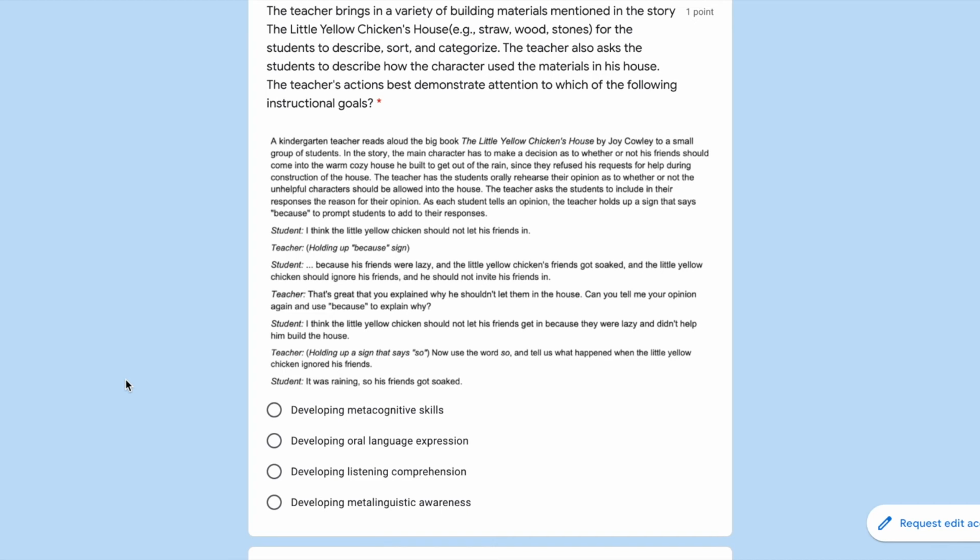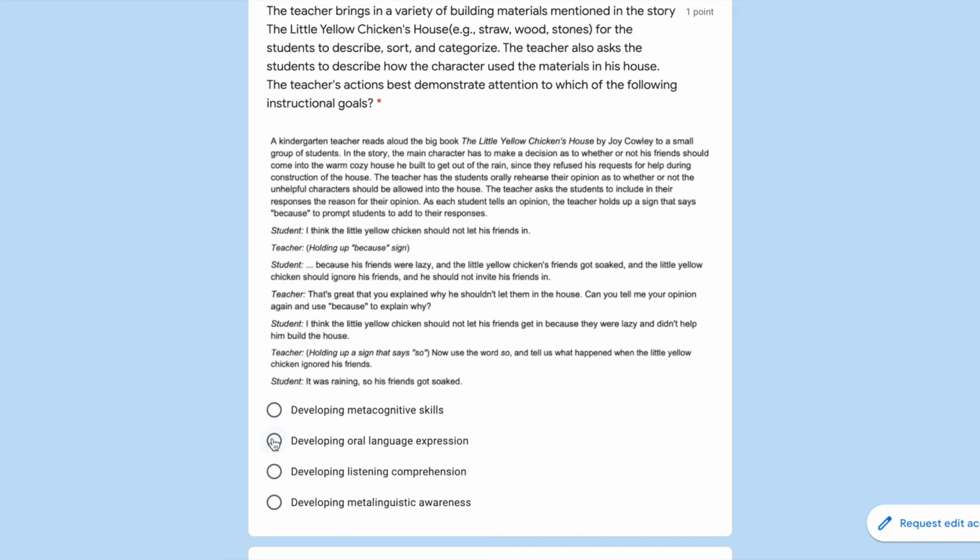The teacher's actions best demonstrate attention to which of the following instructional goals? Is it A, developing metacognitive skills, B, developing oral language expression, C, developing listening comprehension, or D, developing meta-linguistic awareness? Take a pause, select your answer.